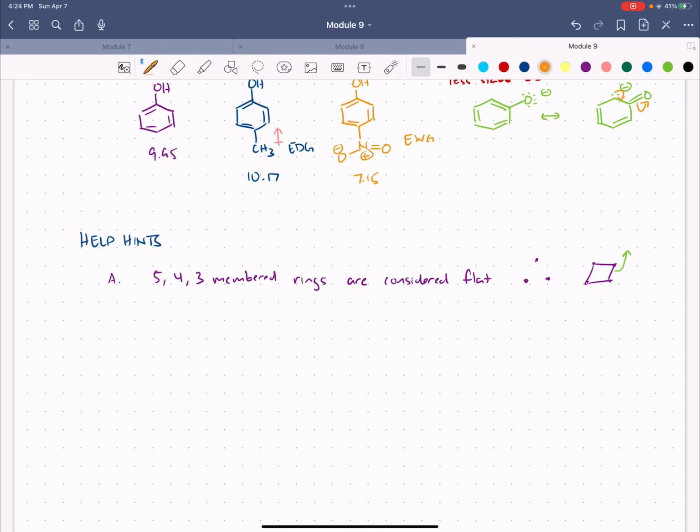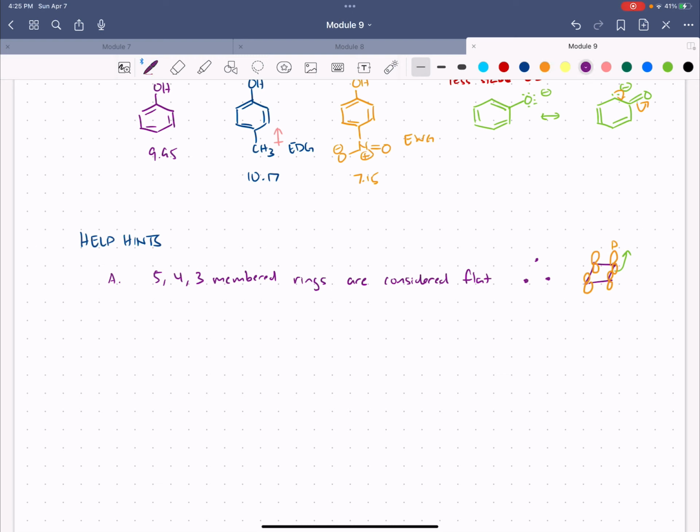What are we actually looking at? We're looking at the overlap of the p orbitals. If we don't want overlap because it leads to anti-aromaticity, the molecule will become unflat, but these rings, 5, 4, and 3, are too small to sufficiently become unflat. They're too tight of a ring. We're going to consider those rings as flat. We cannot bend them out of plane enough to get the p orbitals misaligned.